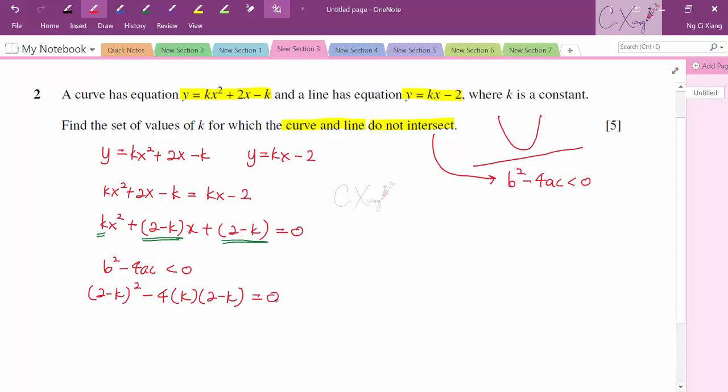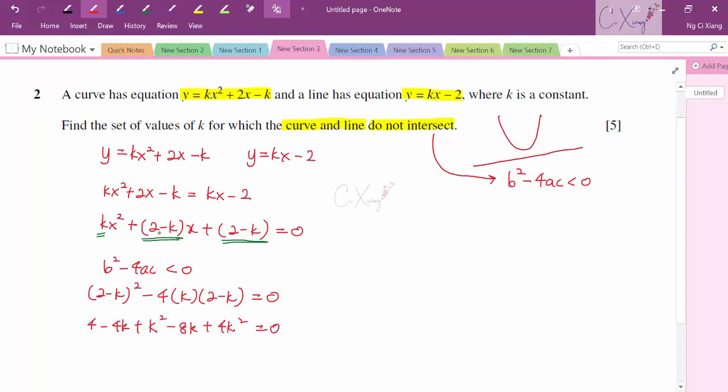Okay, then expand it. Sorry, this is k squared. Okay, then I'm having negative 8k plus 4k squared.